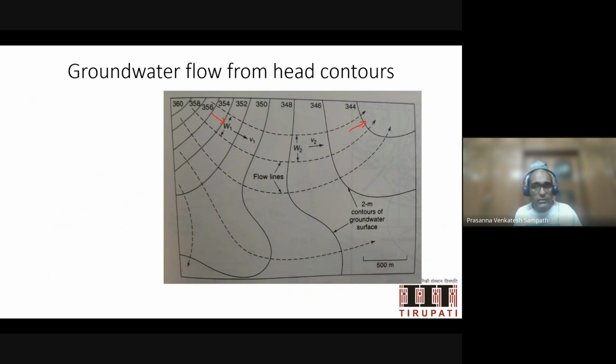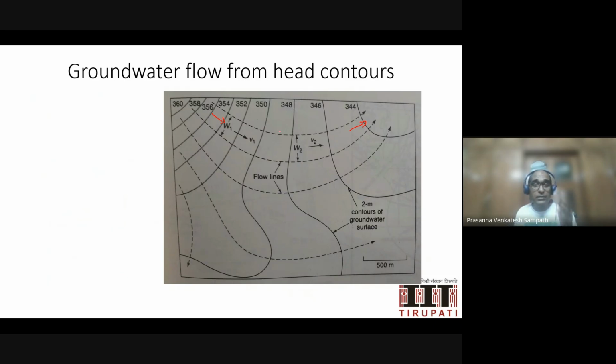But the question is, why is the width between the flow lines, W1 for example, not remaining the same? Why are W1 and W2 different? Or why is the distance between two successive contours increasing?